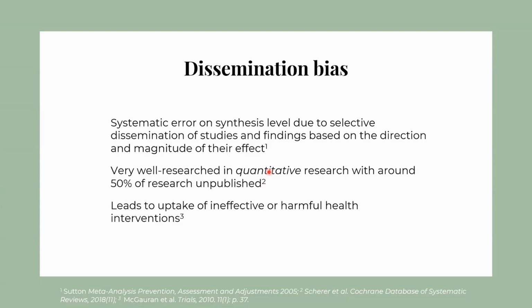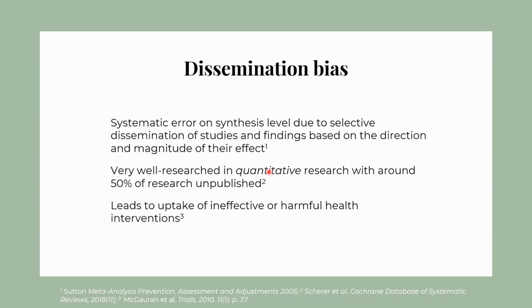Factors that make a publication more likely and lead to faster publication are positive results, a large sample size, and being funded by non-industry sources. Conversely, negative results are published less likely or later in time. This was found to lead to research waste, a poor allocation of resources in healthcare and health research, and it was shown to lead to the uptake of ineffective or harmful health interventions.